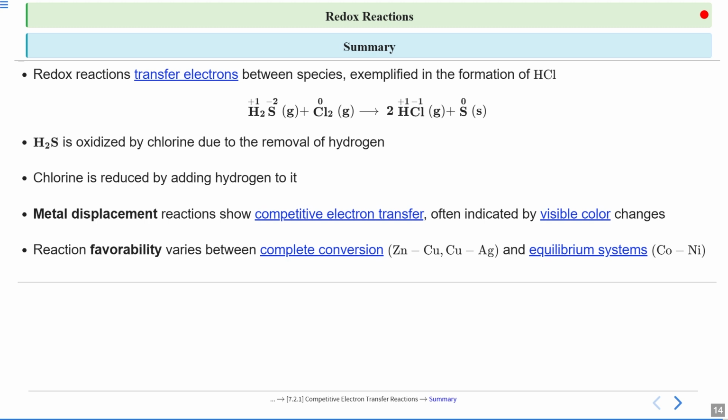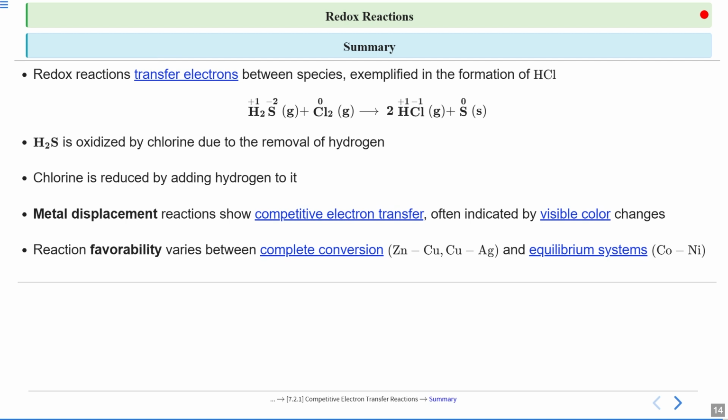This can vary significantly between different systems, like zinc-copper-silver, and mainly cobalt-nickel. In the case of zinc-copper and copper-silver, the reactions tend to go to completion. What does this mean? Nearly all the reactants were converted to product, as we understood while doing the examples.